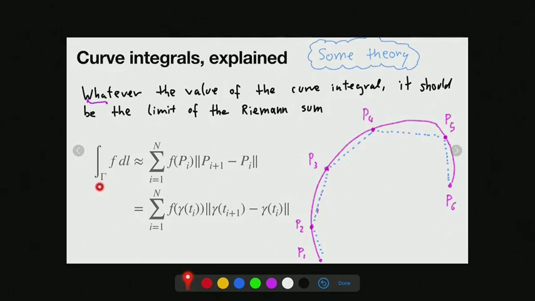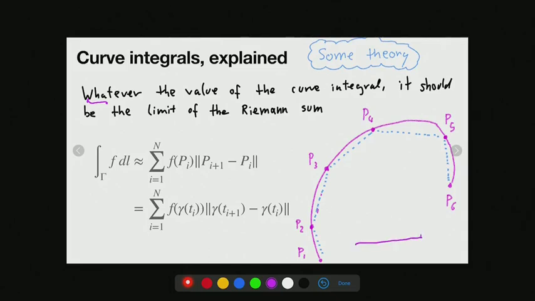So if you have got this integral over gamma of f, the integral of f along the curve gamma, it seems intuitive, given the definition of the Riemann sum from analysis 1, that the natural correspondence in the case of curves would be: I take some curve, and then I take parameter points, a subdivision of the parameter interval from a to b.